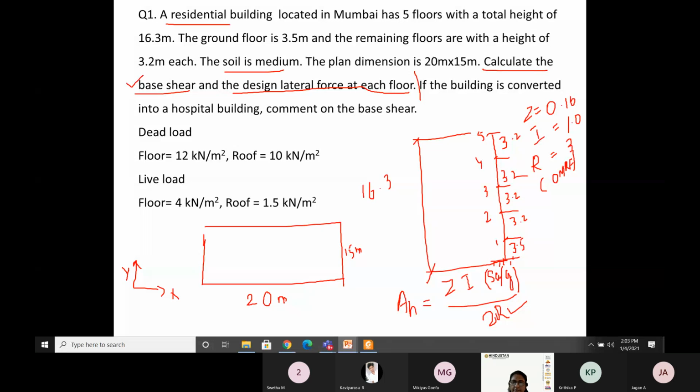Just tell me what change will happen to the base shear when it is converted to a hospital building. Importance factor will be changed. Okay, very good. So the importance factor will be changing from 1 to 1.5.